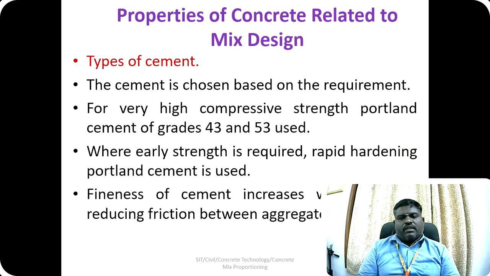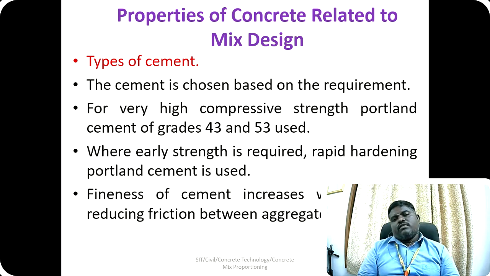Whenever we require certain properties, we can use certain types of cements. For example, we also have cement based on the characteristics, such as if you need sulfate resistance, then you can go for a sulfate resistant cement.